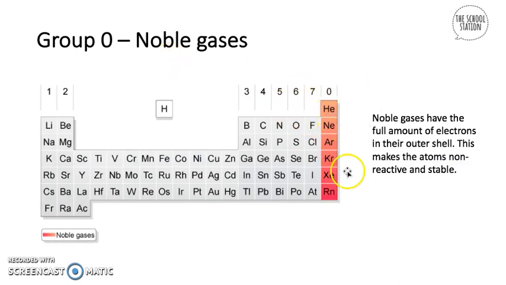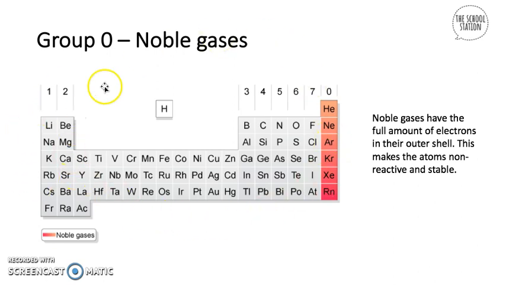As we keep going down the group, you will always realize that they have the full number of electrons in the outer shell, and this makes the atoms non-reactive and stable. This is what really makes the noble gases group special, because they're already stable and they don't have to share electrons or transfer electrons, as we will be talking about later on in the video.